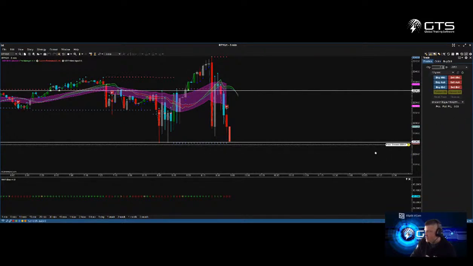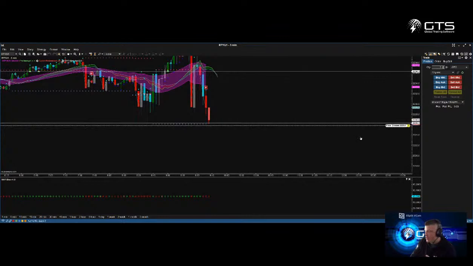Let's watch the break of this lower area right here. Break and hold. Yep, ES and the RTY are definitely tracking together. We got a separate signal on the RTY. Boom, broke, and selling.